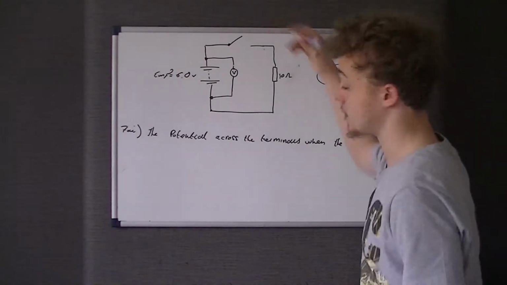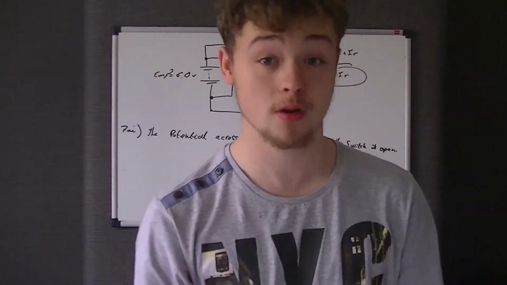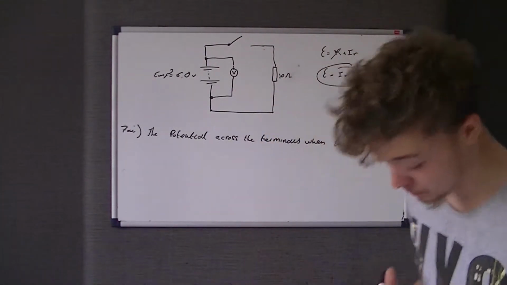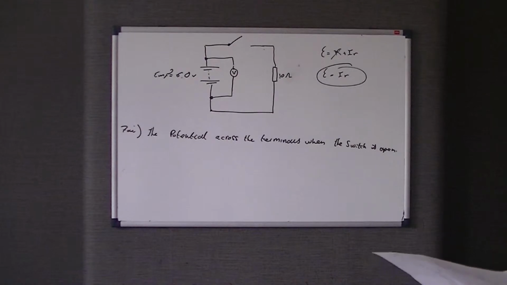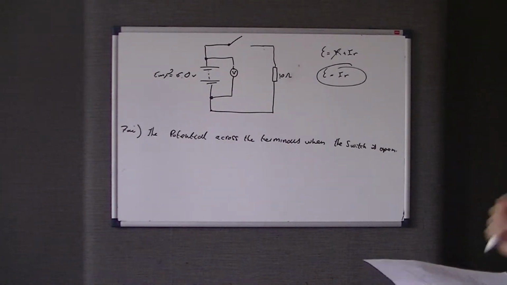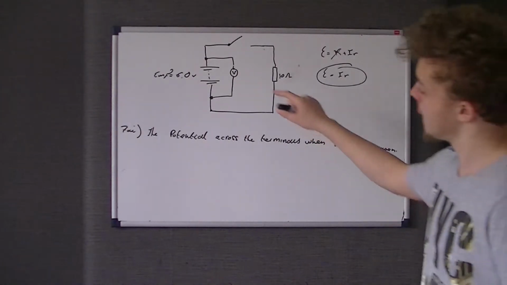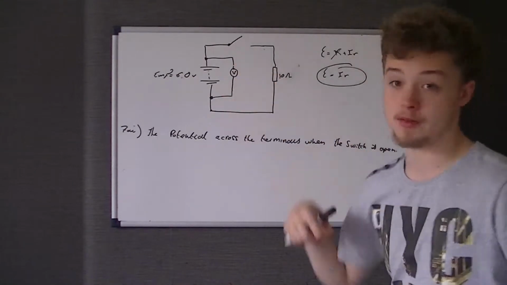When the switch is closed, the circuit is complete, so the current flows through the battery and through the 10 ohm resistor. Because this voltmeter reads the potential difference of the battery.